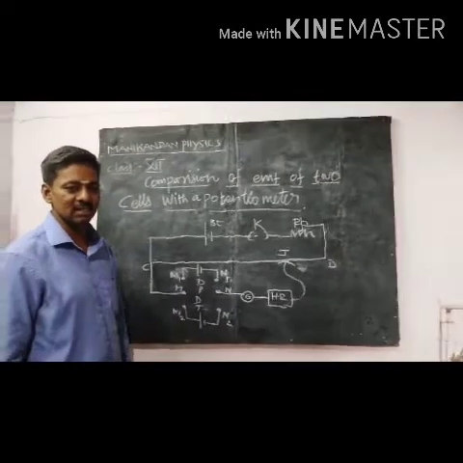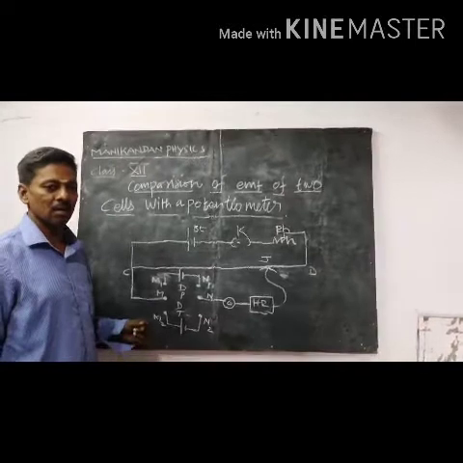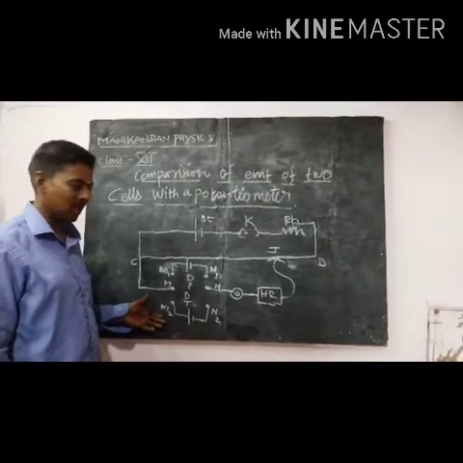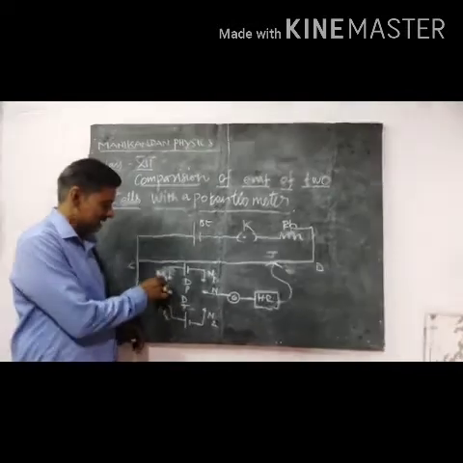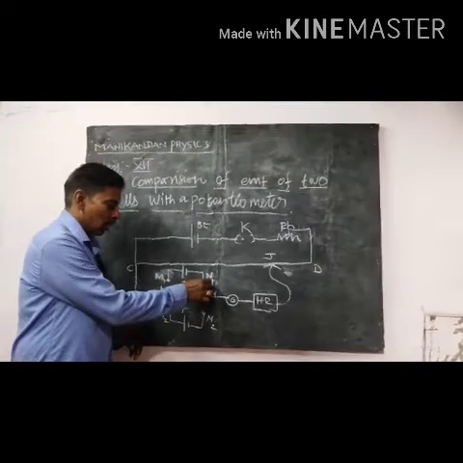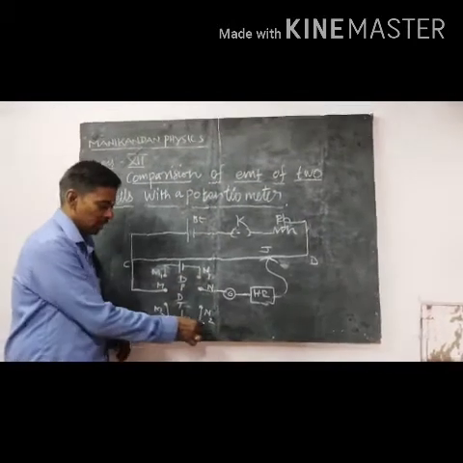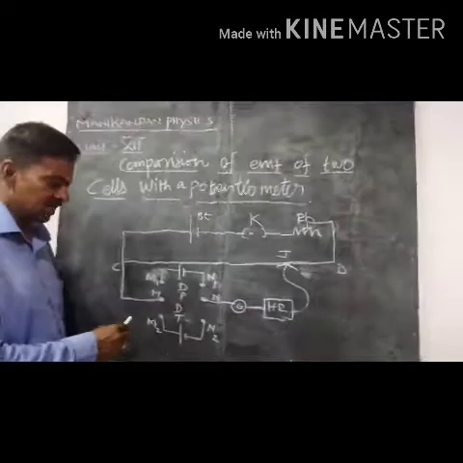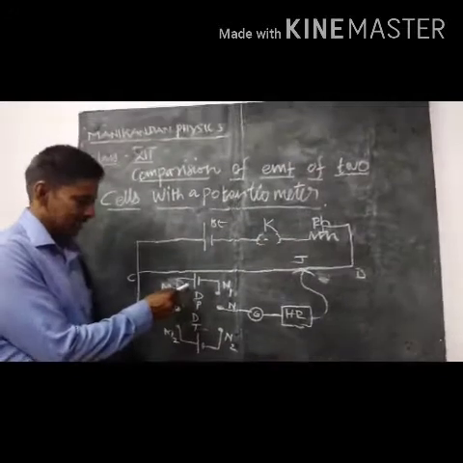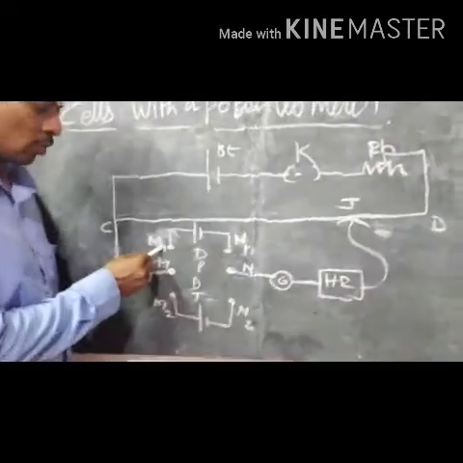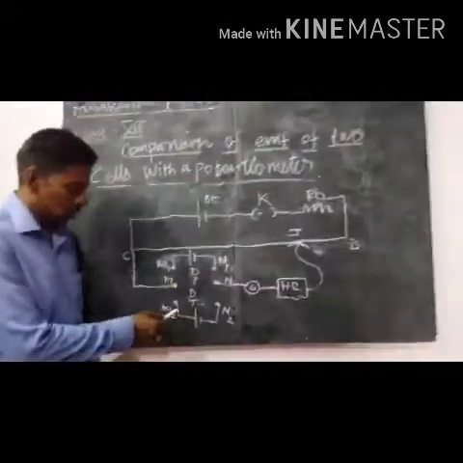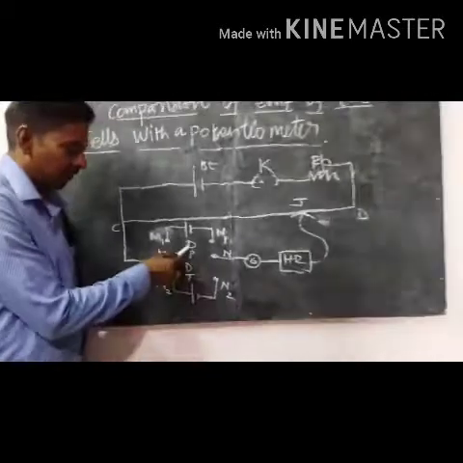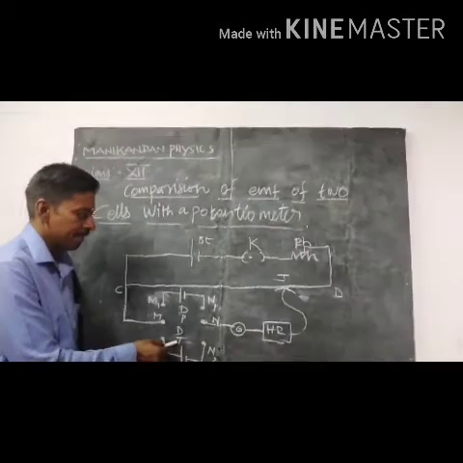The cells whose EMFs psi1 and psi2 are to be compared are connected to the terminals M1, N1 and M2, N2 of the DP-DT switch. That is, cell 1 is connected to terminals M1 and N1, and cell 2 is connected to M2, N2 of the DP-DT switch.